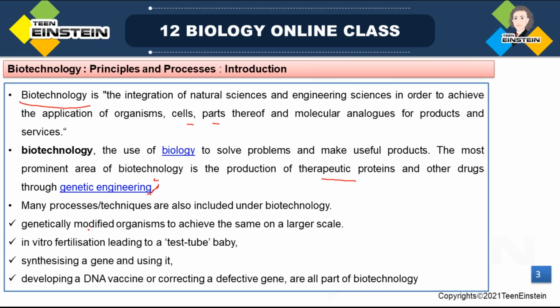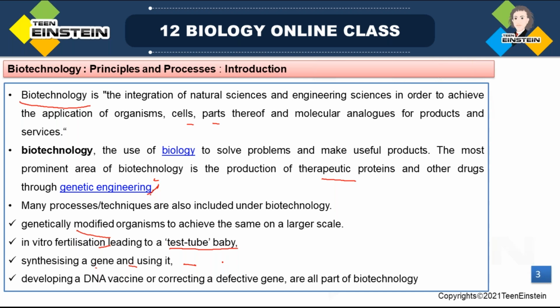For example, genetically modified organisms. Then in vitro fertilization, for test tube babies. Then synthesizing a gene and using it. Synthesis of a new gene: how to synthesize a new gene. Each character is controlled by a gene, right?